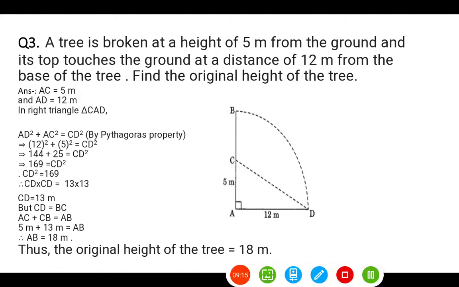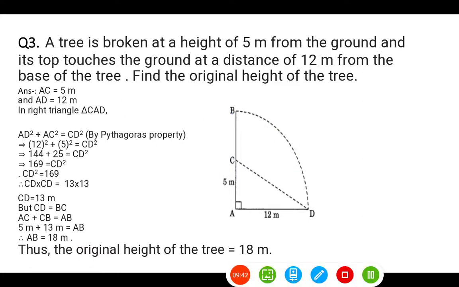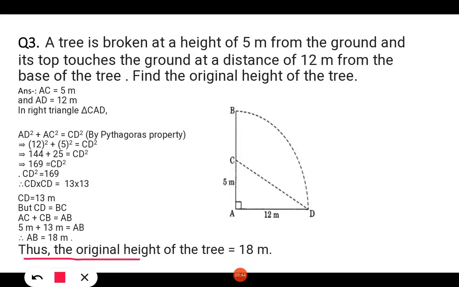As this part of the tree is broken and touching the ground, this is same as CD, means BC is same as CD. So we have CD equal to BC. Now height of tree is AC plus CB. So it is 5 meter plus 13 meter and finally equal to 18 meter. So original height of the tree comes out to be 18 meter.